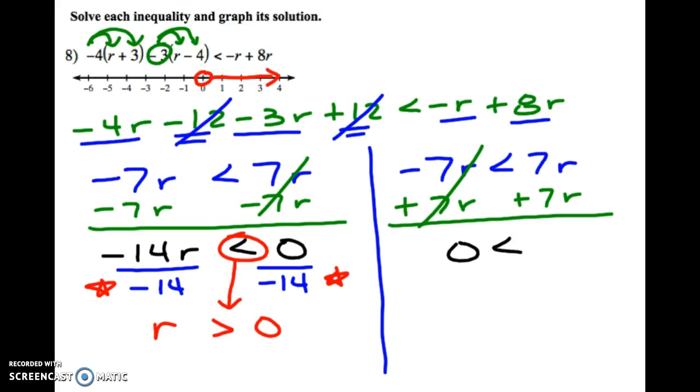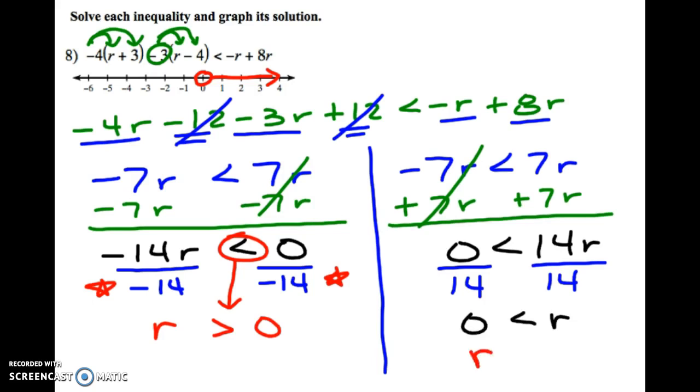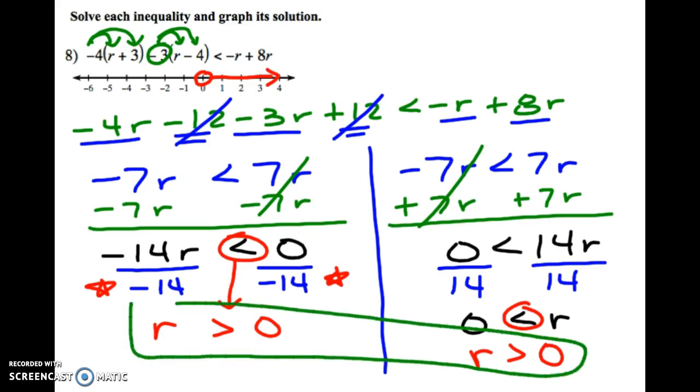That would have given us 0. 7r plus 7r would have given us 14r. Still, we need to divide by the 14. And remember, if we were to rewrite this with the variable on the left, we'd have the r, direction of the inequality switches, and we get r greater than 0. So we get the same thing.